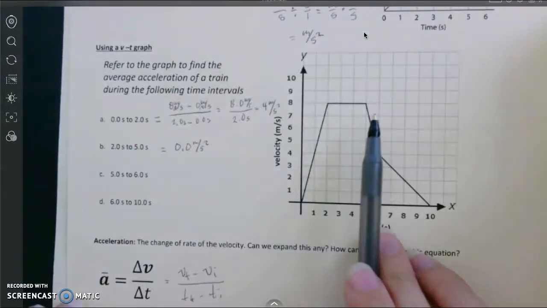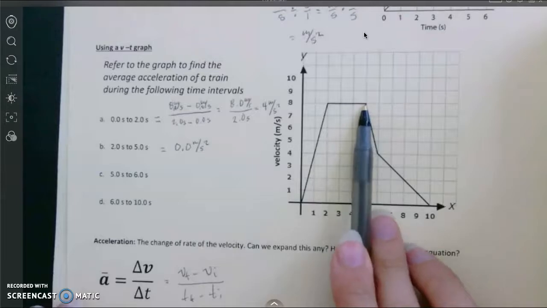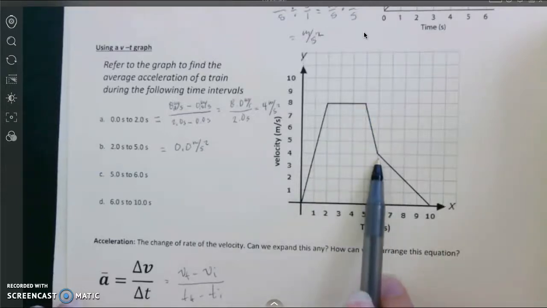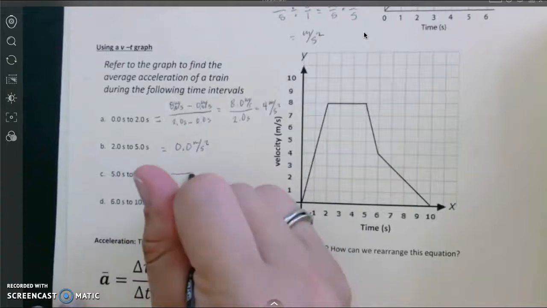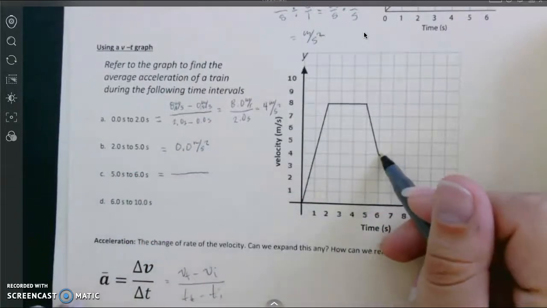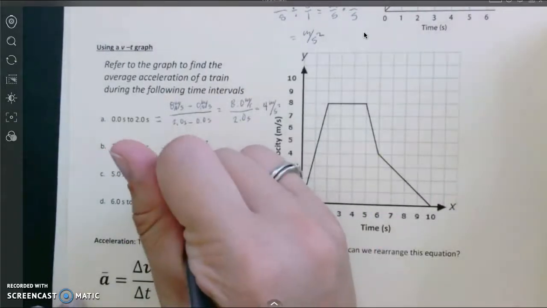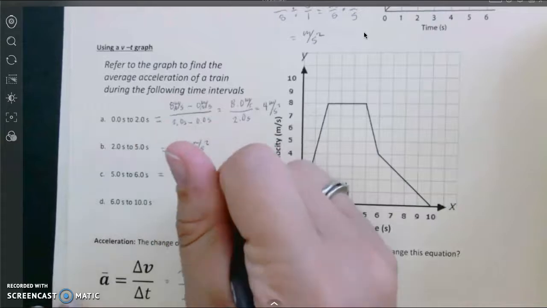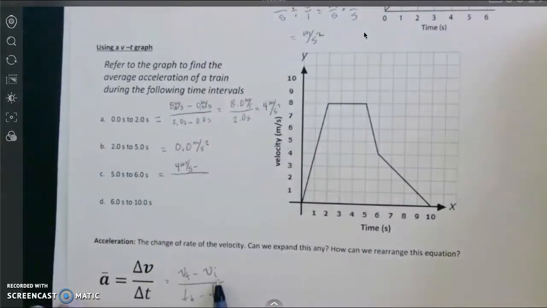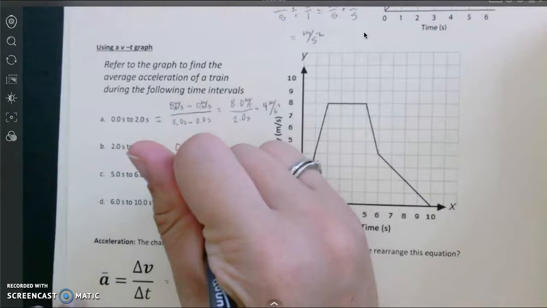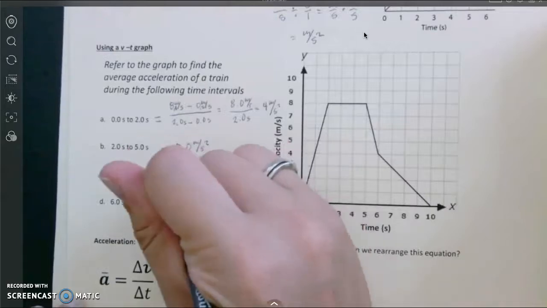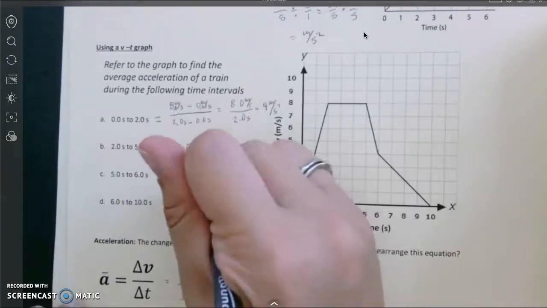Okay. Now when we look from 5 seconds to 6 seconds, okay, so we're going to say at 6 seconds, my velocity final is at 4 meters per second, and my velocity initial for this 5 second range was 8 meters per second.